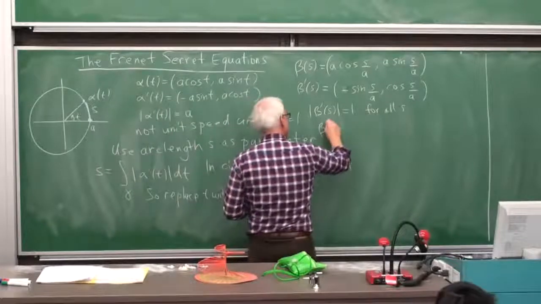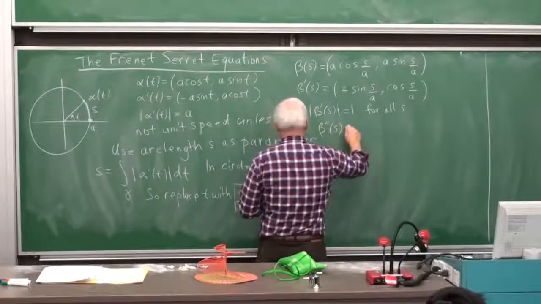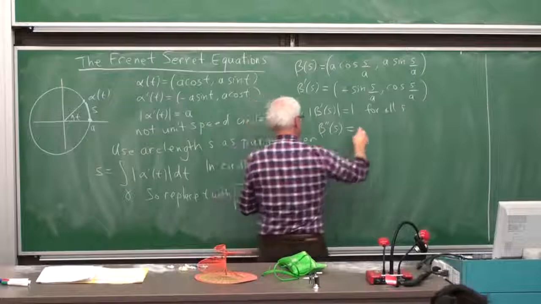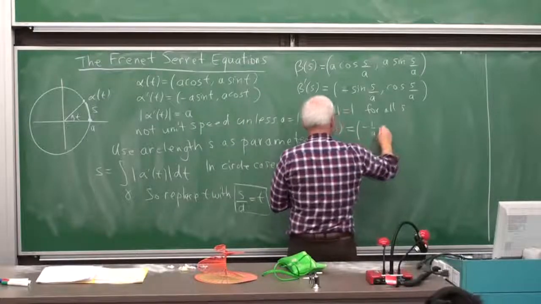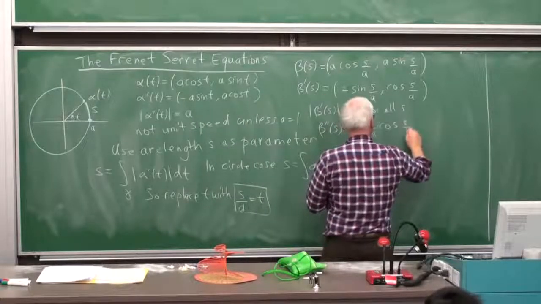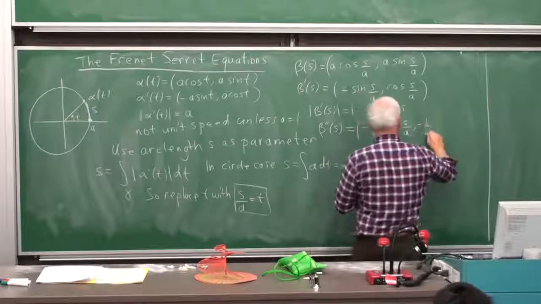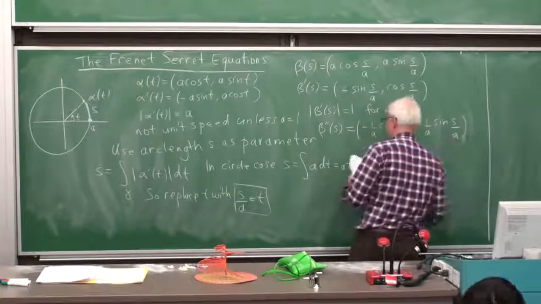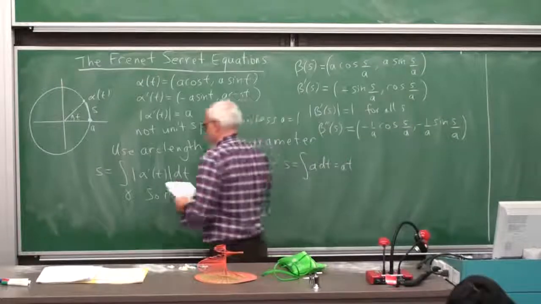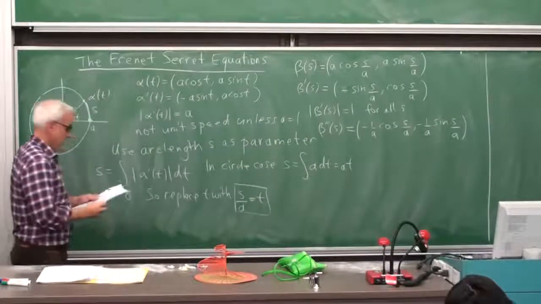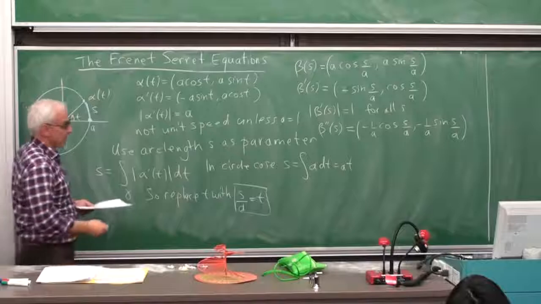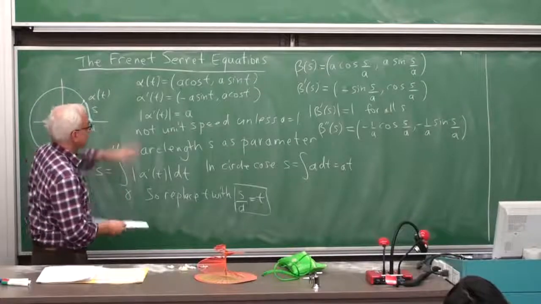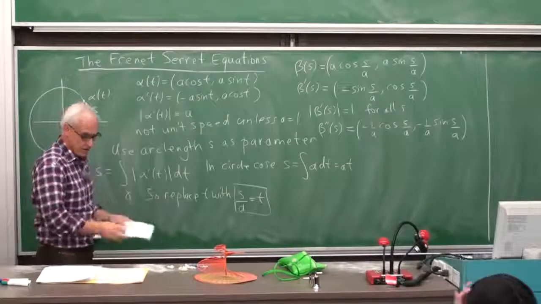And the acceleration, beta double prime of s, one more derivative, we're going to get minus 1 over a cosine s over a, and minus 1 over a sine s over a. And that's a vector pointing in the opposite direction from where we started.